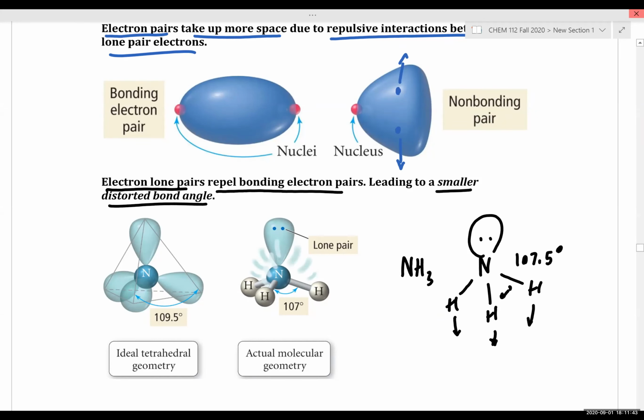In general, lone pairs lead to smaller bond angles relative to our baseline electron pair geometry. Does this idea make sense to everyone? Have we seen this idea before? Yeah. Perfect.